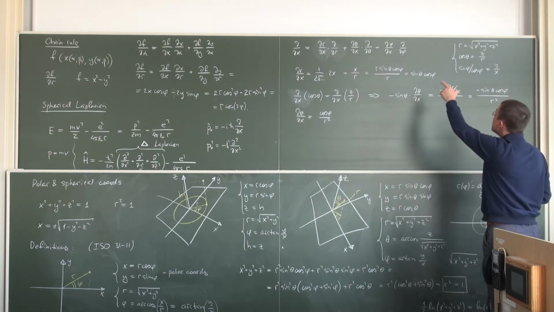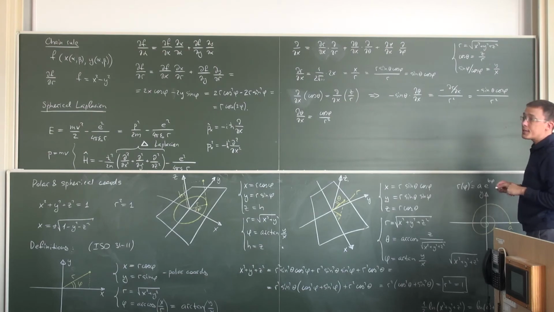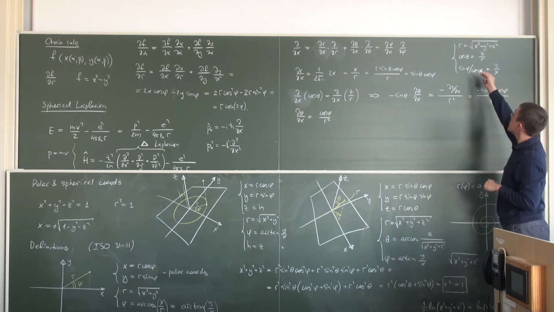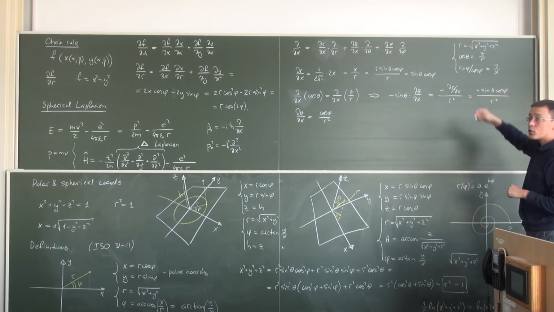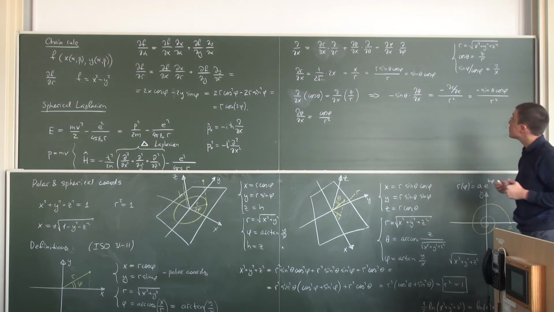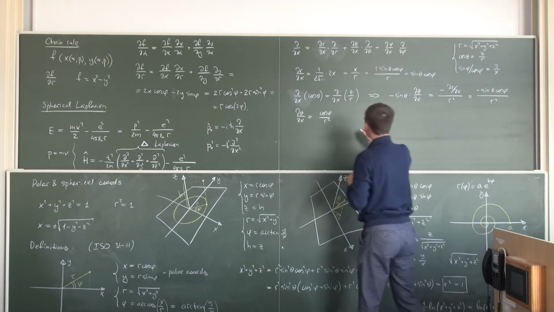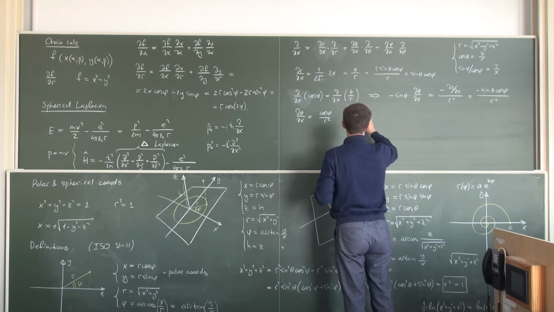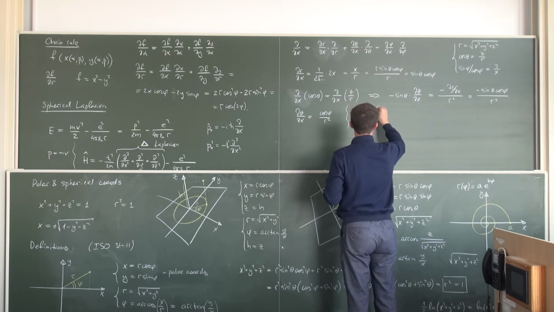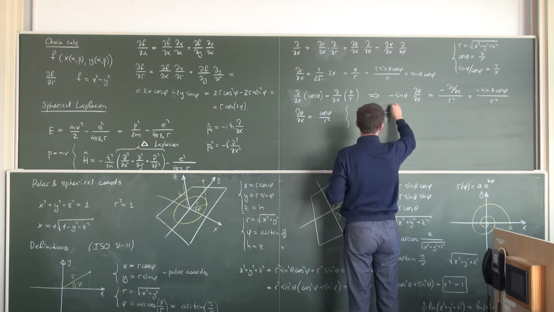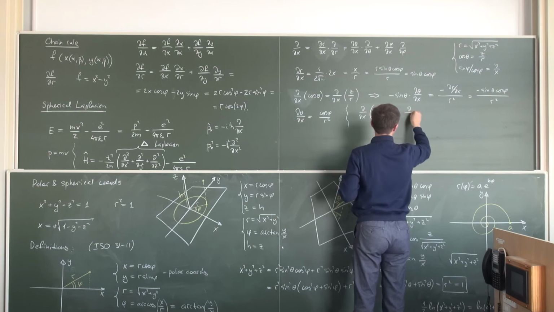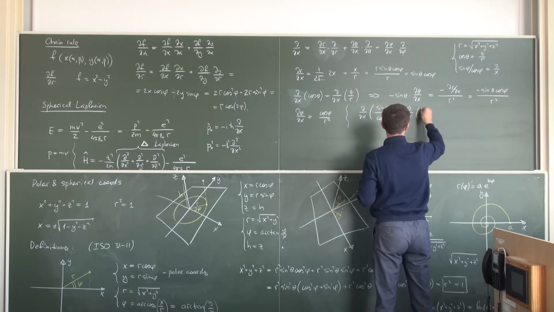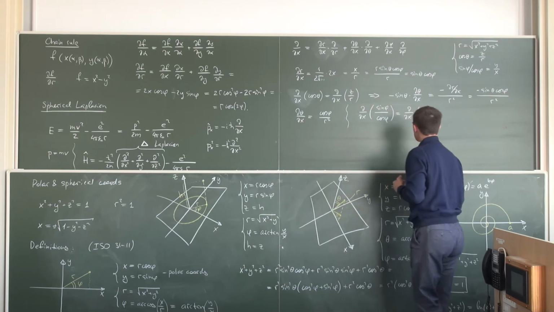Finally, we need d phi by dx, and once again we will differentiate both sides of that expression and then solve it eventually for d phi by dx. Okay, so d by dx of sine phi over cosine phi is d by dx of y over x.